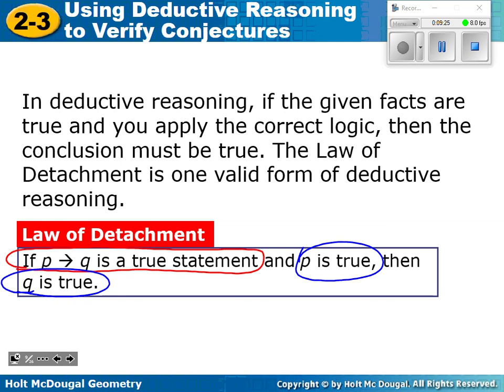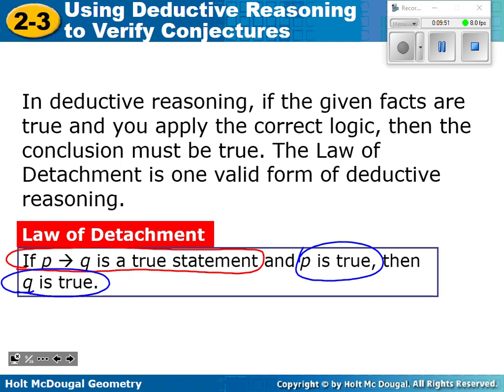Okay, so if you make a 74% on the test, then you made a C. If that's a true statement, and then we take our test over chapter 2, and I pass back your test, and you find out you made a 74%, what can you conclude? That you made a C. That's the law of detachment. Okay? Be careful. If I pass back your test and it just says C at the top, can you conclude that you made a 74?